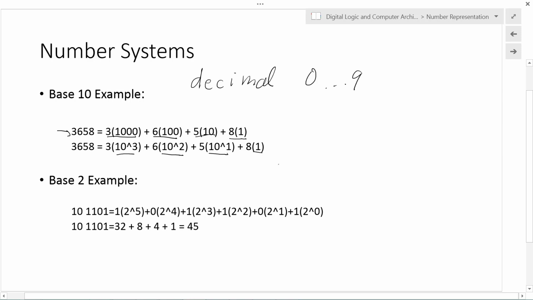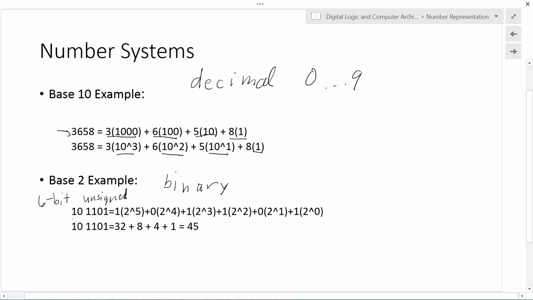So similarly, we can declare a base 2 example like so. We can also call this a binary representation. And here we have a 6-bit unsigned example, and we will discuss the difference between unsigned and signed in a moment. So how does this work?